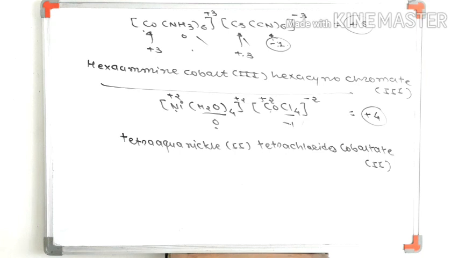It is clear. So if both positive ion and negative ion are complex ions, then you have to apply this rule.